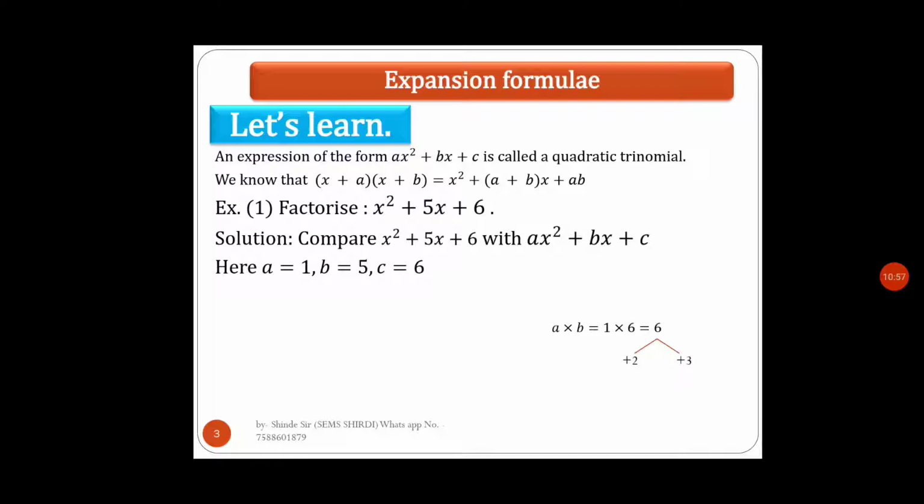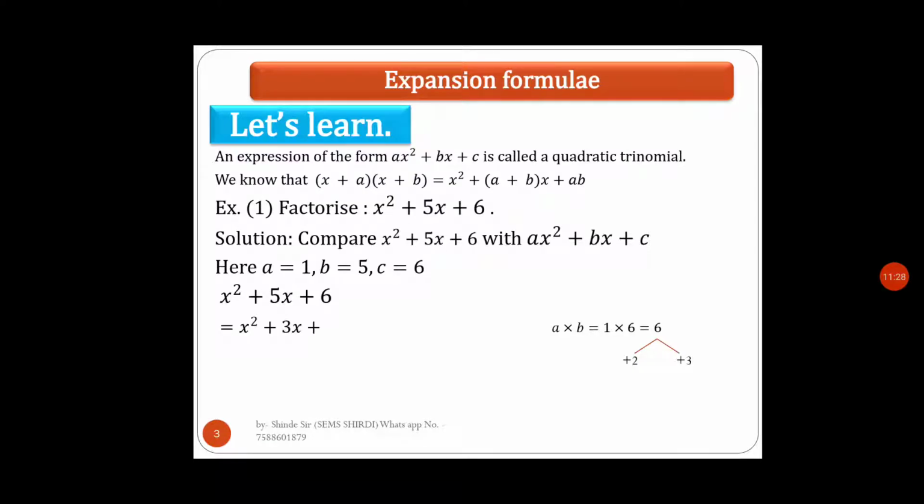We find the factors of this product whose sum is b, that is 5 here. We find the factors of 6 whose sum is 5, and since 5 is positive, we take both factors positive, and using these factors we split the middle term. Here 5x is equal to 2x plus 3x.